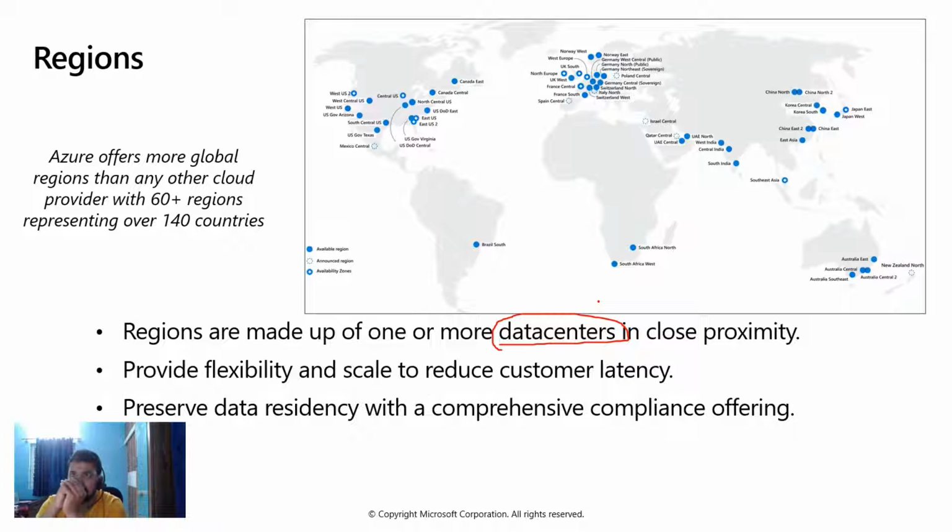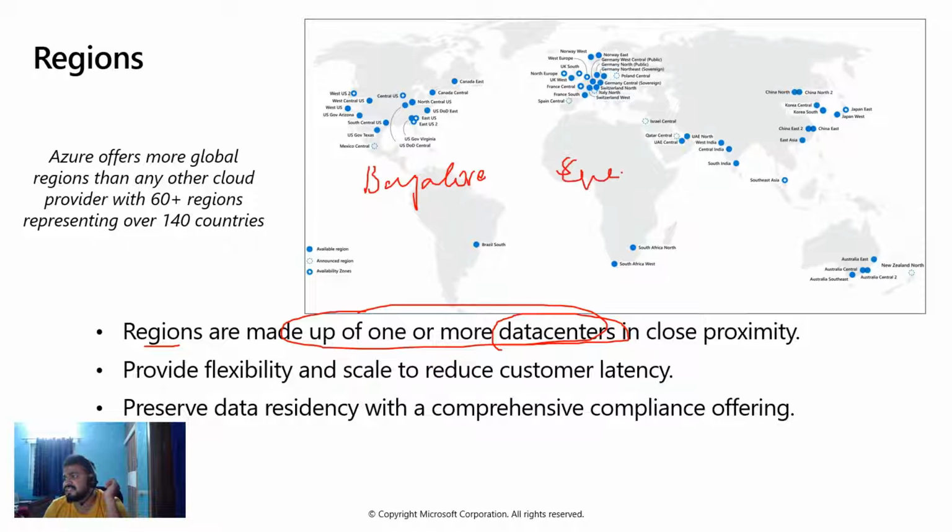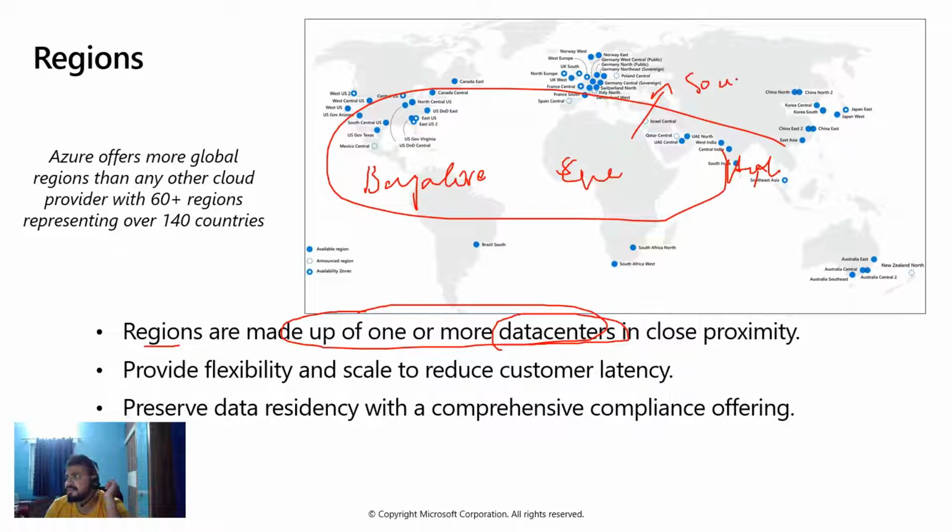So I have nine data centers in South India, and I'll call this the South India region. Regions are made up of one or more data centers in close proximity. I can also name it the Bangalore region, the Chennai region, the Hyderabad region, or all together the South India region.